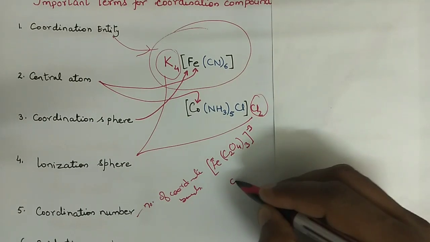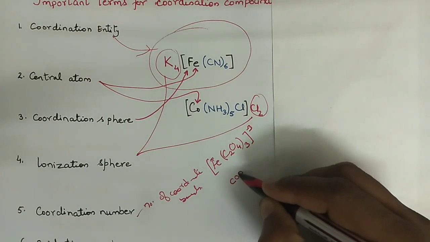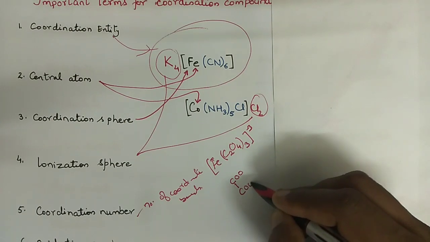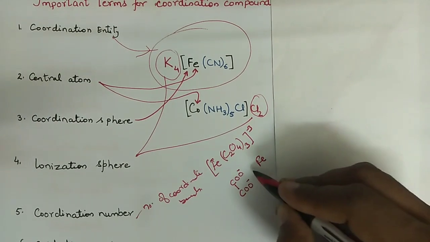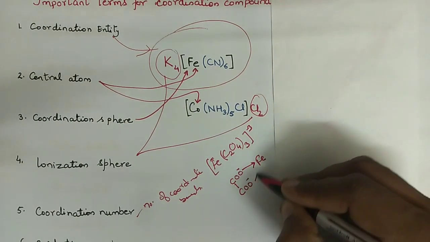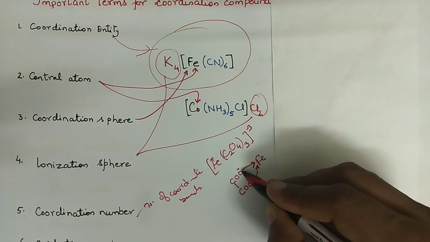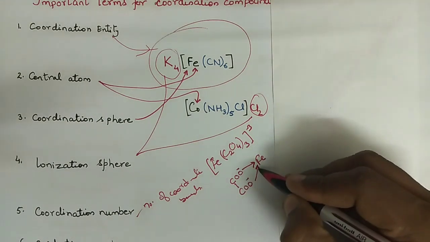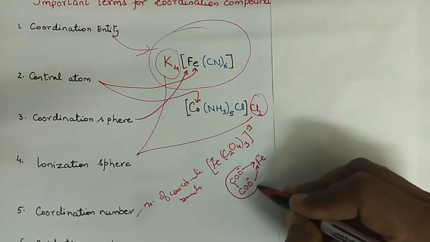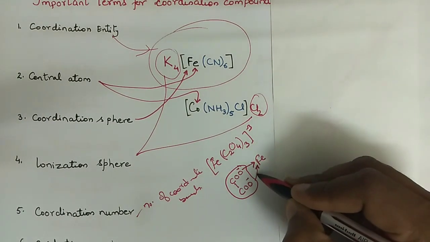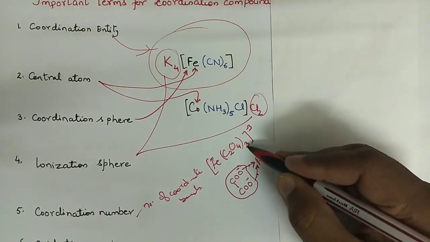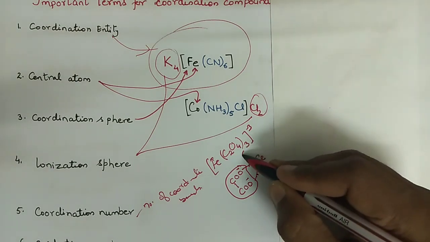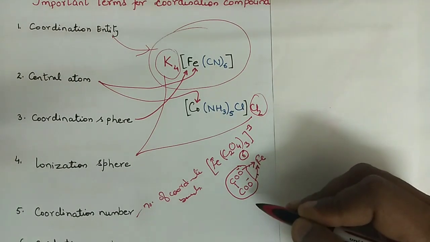Suppose you have this oxalate ion, bonded to iron by this bond. This oxygen donates a lone pair, and this oxygen also donates a lone pair to iron. So each oxalate ion has 2 coordinate bonds. Then with 3 oxalates, it will be 6. So the coordination number will be 6.